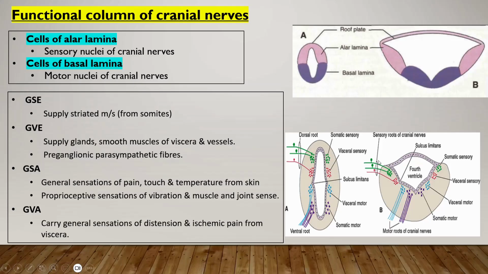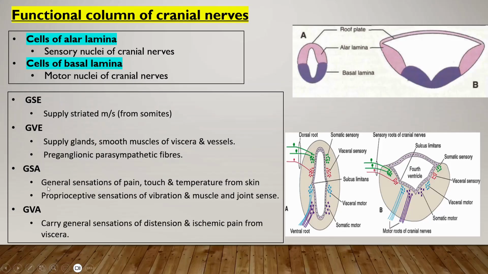Okay, but here this roof is expanded, widened, so you can see here the alar lamina now present on the dorsolateral aspect of the basal lamina. But here the demarcation is because of the sulcus limitans, so you can see here again close to the sulcus limitans in basal lamina there will be visceral motor nuclei, so we can say general, visceral, efferent.